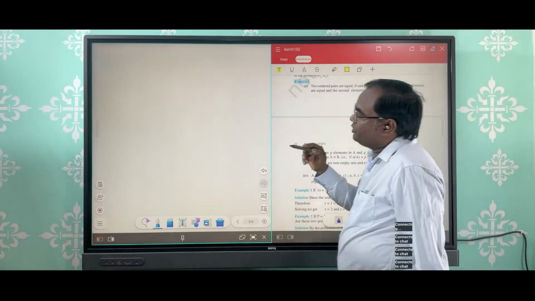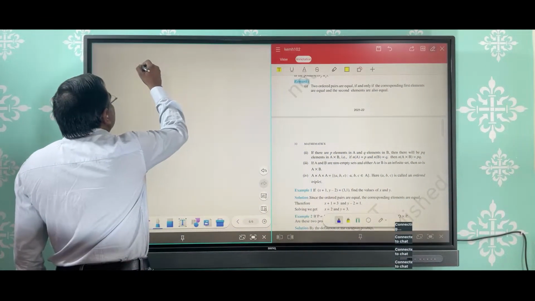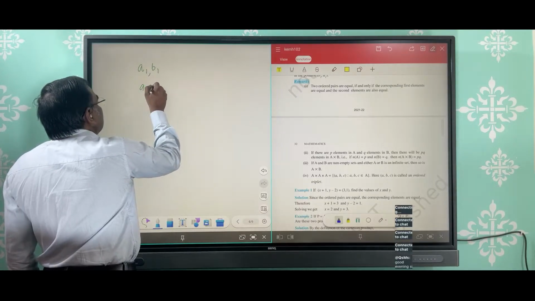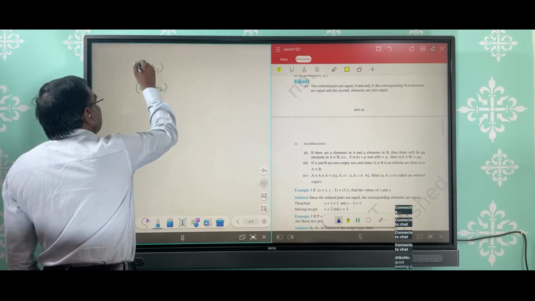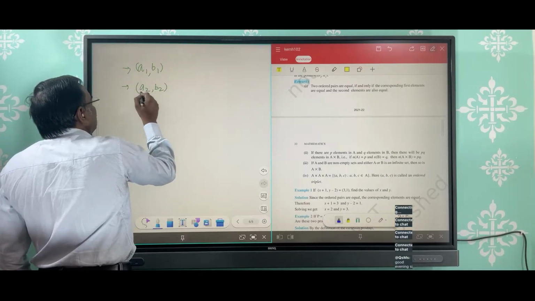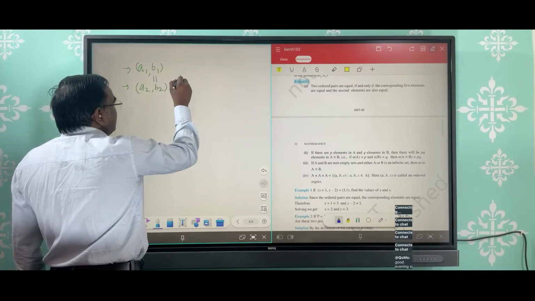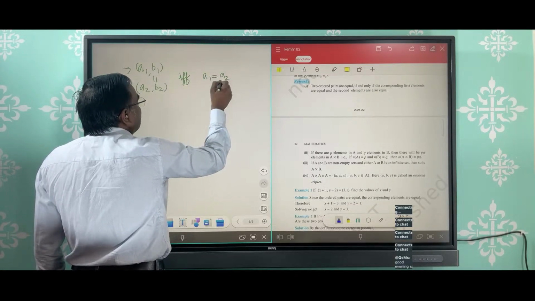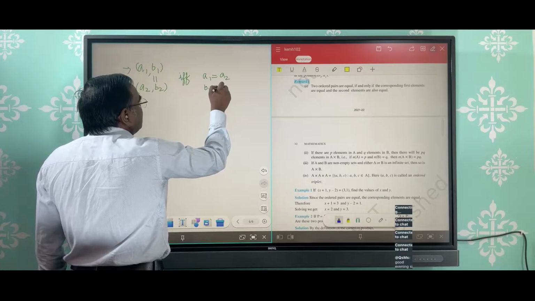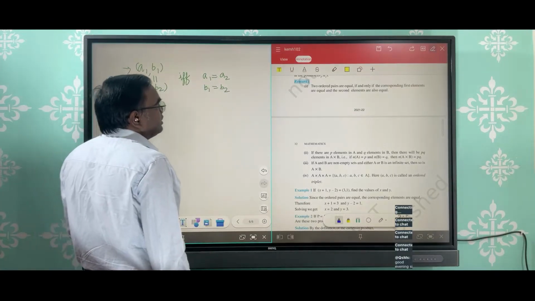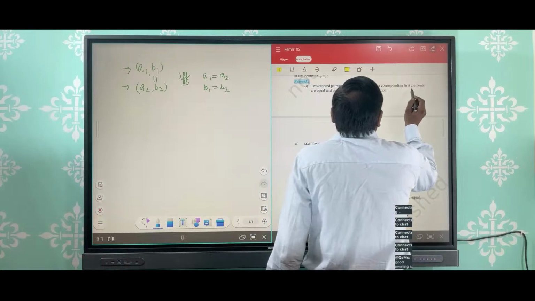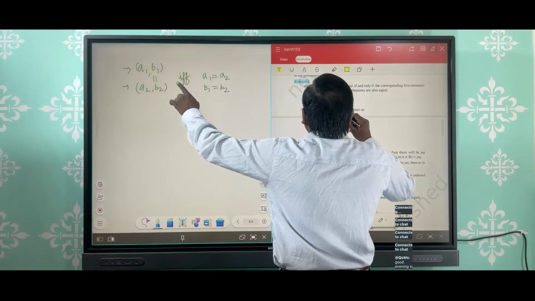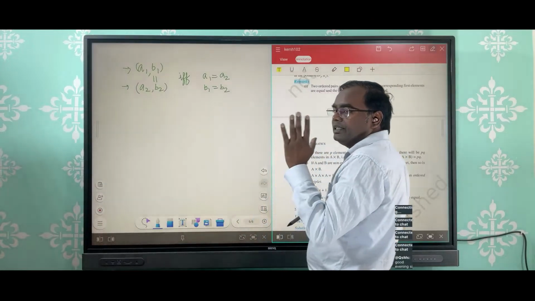Suppose you take A1 B1 and A2 B2. These two ordered pairs will be equal only if A1 is equal to A2 and B1 is equal to B2.